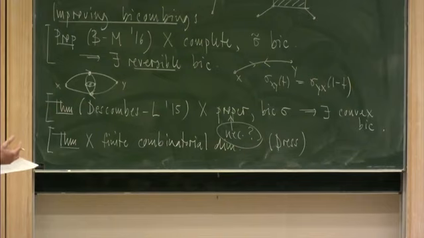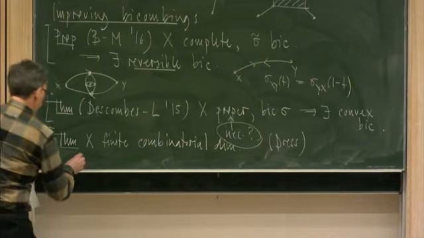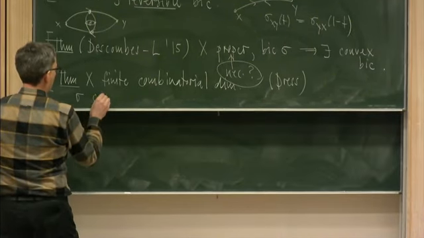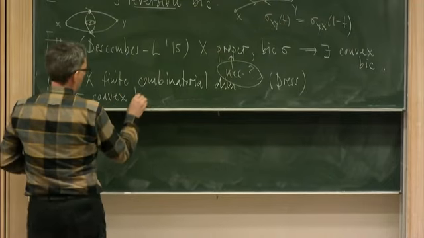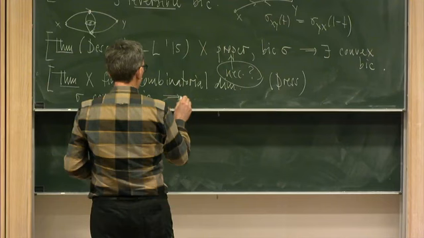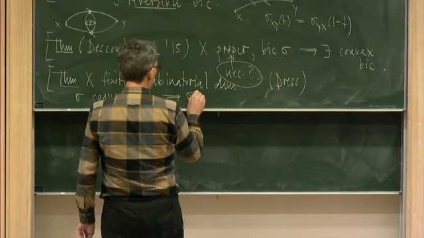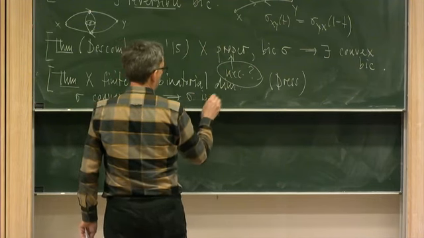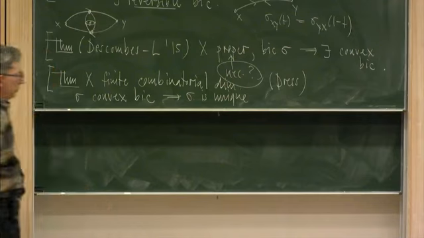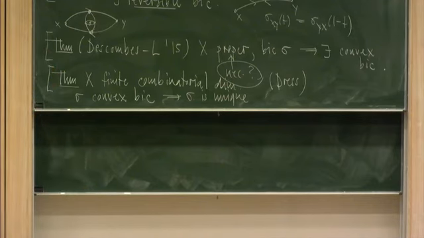Finite combinatorial dimension. And so if sigma is a convex bicombing, then in fact we do not even need to change it. It's already consistent, so it's automatic. So then sigma is even unique under this assumption on the dimension.